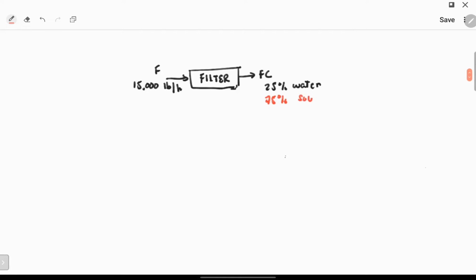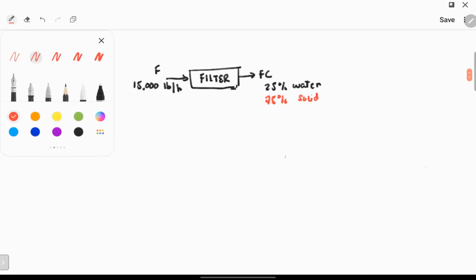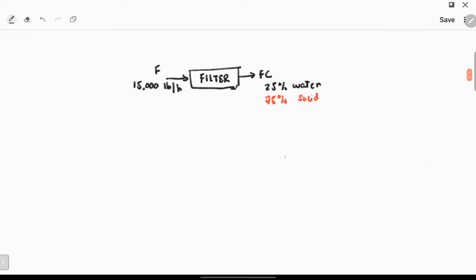Okay? How about the feed pala? Meron ba tayong known composition ni feed? So yes, according to the problem, 60% daw yung water. And the balance is 40%. Okay? And according to the problem also, ang gagawin dapat, we want to collect this amount of filtrate. So let's use the symbol L, parang liquid, ganon.